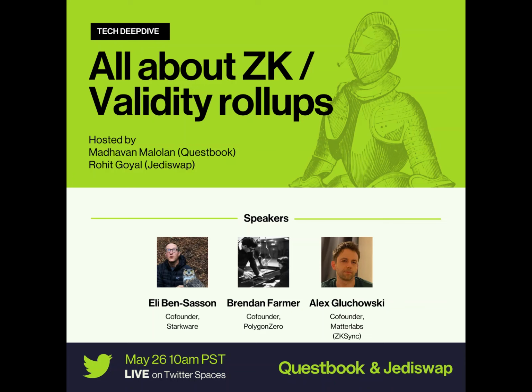Thanks for that explanation, Eli. And just wanted to ask this specifically once again so that it is clear to everyone's mind. So when you say that Validium rollups do not use ZK proofs, most people, when they think about ZK, they think about zero knowledge, and they understand ZK from a very analogical perspective, which is you are trying to prove a statement without telling what the statement is.